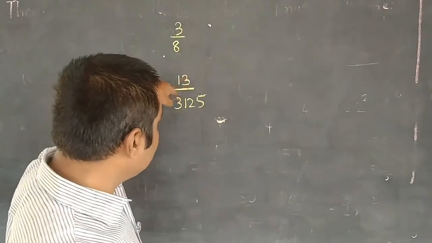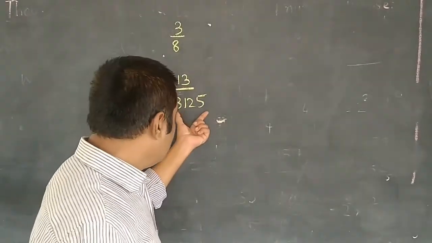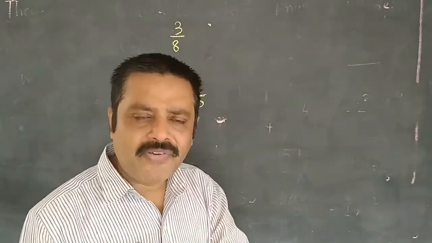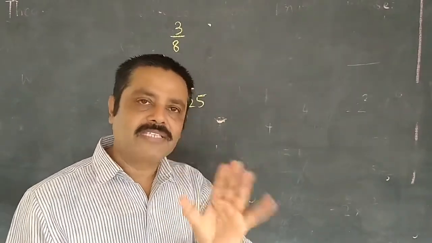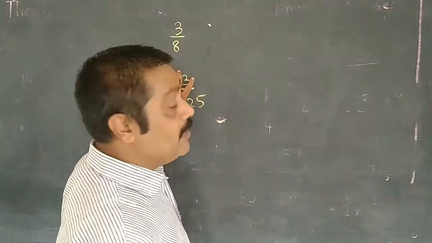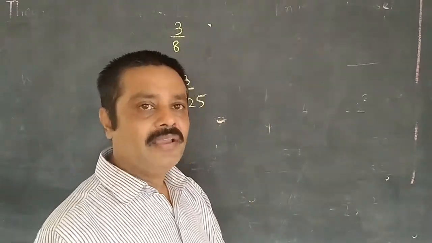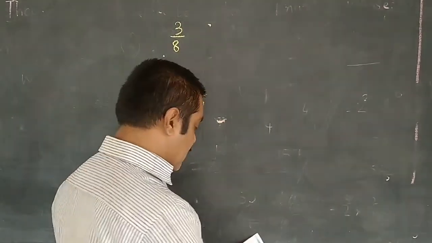Make them co-primes by cancelling. Then take the denominator and find the prime factors. If you get prime factorizations of only 2s or 5s, you accept that the p by q form is a terminating decimal, otherwise it is a non-terminating recurring decimal. You have to understand. You completed the second exercise.